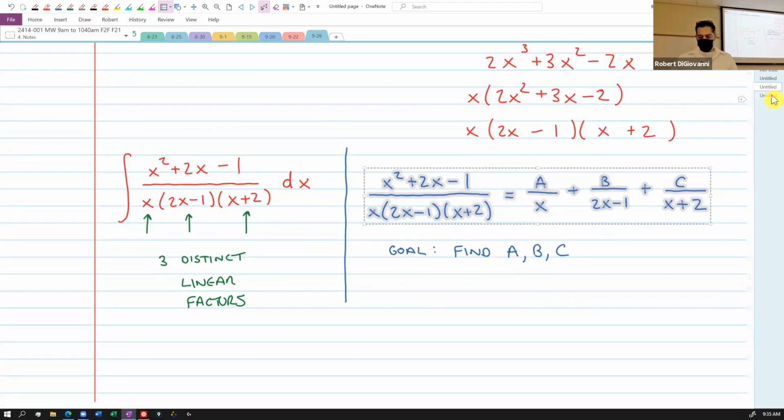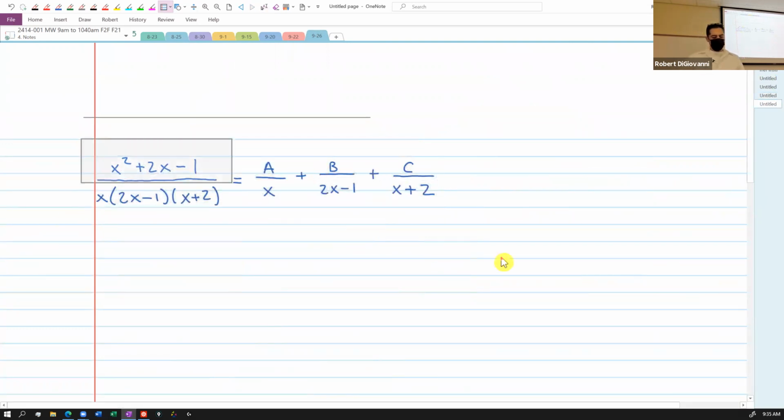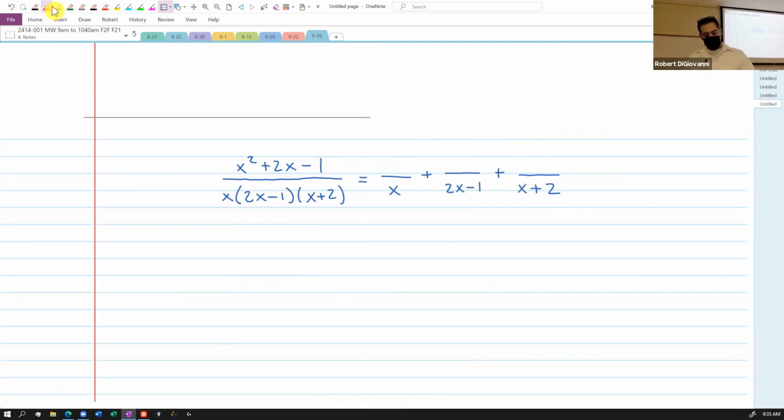We did the partial fraction decomposition on this. And so we know A was what? A half. So I'm going to put that above the x. And then what was B? The 1/5. That goes above there. And then the C is -1/10.